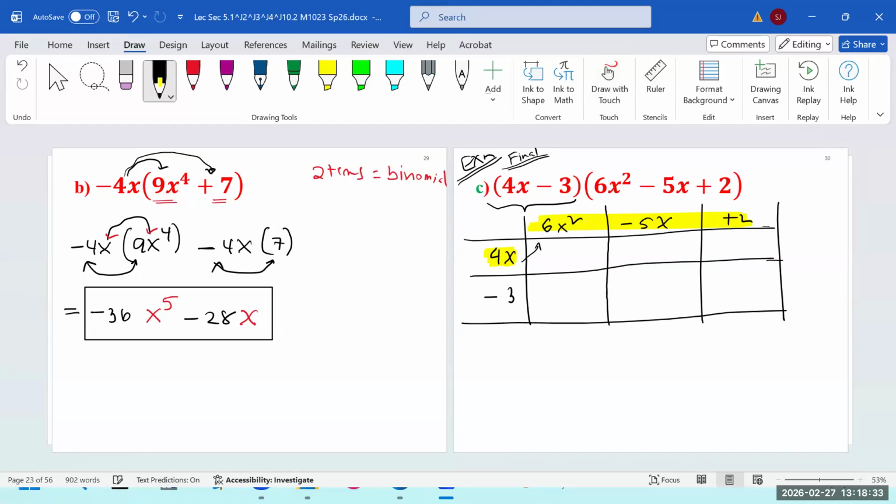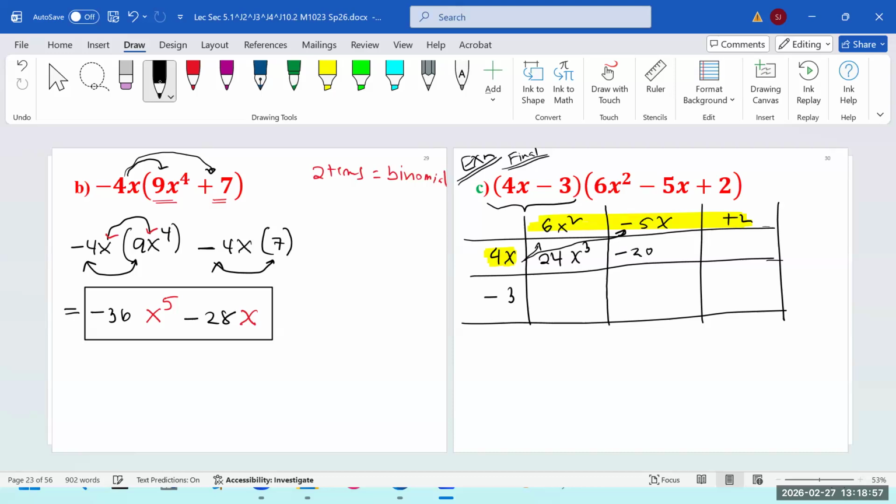So what is 4x times 6x squared? 24. And how many x do we have? 3 of them. Perfect. Then you do the next one.